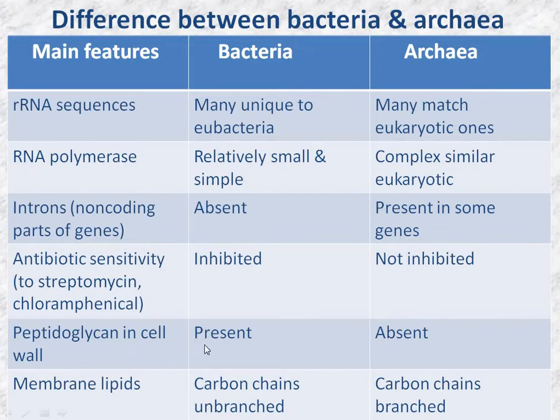Peptidoglycan in the cell wall is present in bacteria, but it is absent in archaea, as we have seen that in archaea the cell wall is made up of polysaccharides or proteins. And for the lipids in the cell membrane, in bacteria the fatty acid chains or hydrocarbon chains are unbranched, but in archaea the hydrocarbon chains are branched, and their linkage to glycerol is also different.